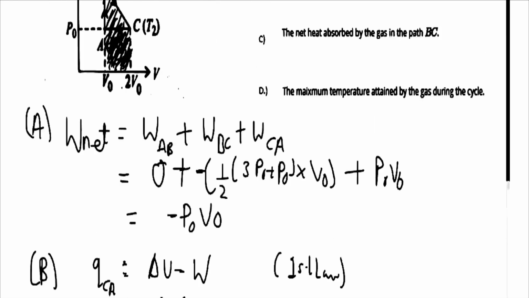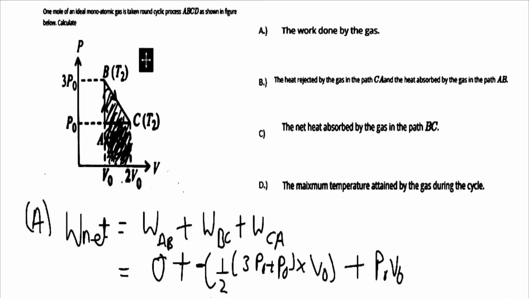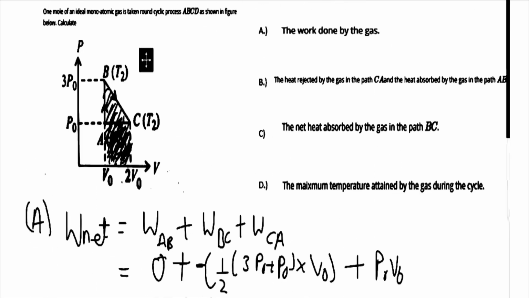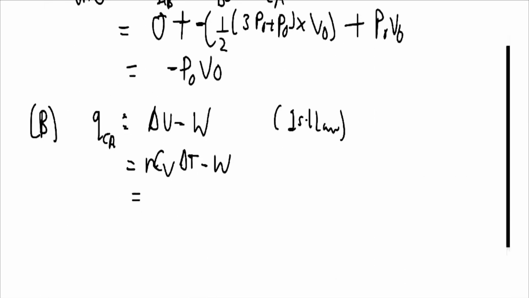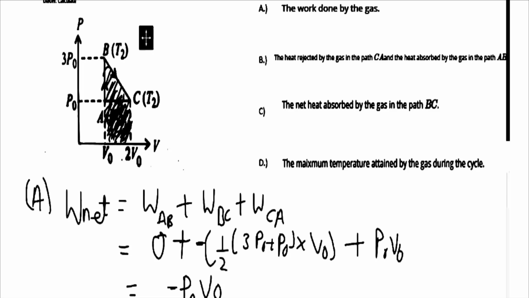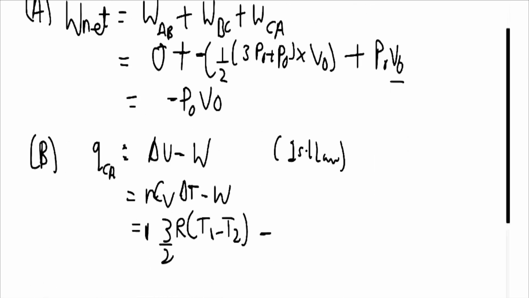And if you clearly see the change in temperature here, the temperature at A is T1 and the temperature at C is T2. So the difference is T1 minus T2, and according to the question it's given 1 mole of a monoatomic gas. So n is 1, and for monoatomic gas Cv is 3 by 2 R, and the temperature change is T1 minus T2, and the work done from C to A that we have calculated here is P naught V naught.